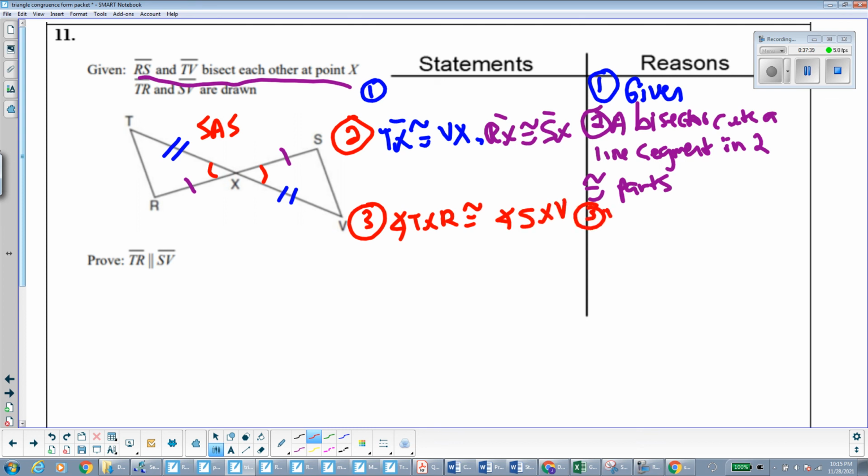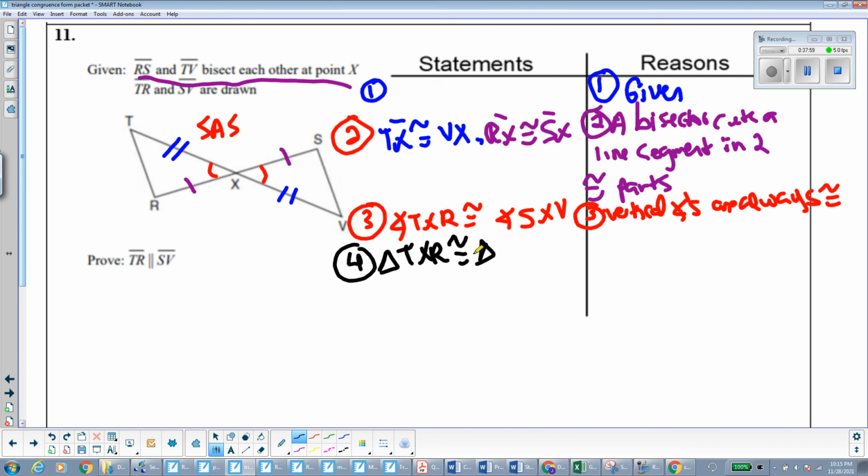And I'm going to write here vertical angles are always congruent. So remember that. And now we know that the two triangles, so let me put that in the next step. So triangle TXR is congruent to triangle SXV, and I can definitely say by SAS.